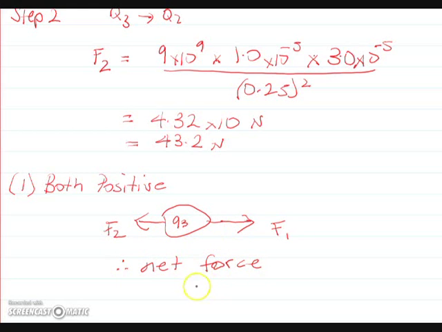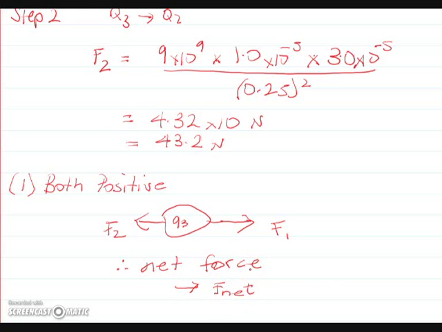So if we took those two away from each other, one's bigger than the other, and we took them away, if we superimpose this one on top of that one, we're going to have a small amount still going that way.